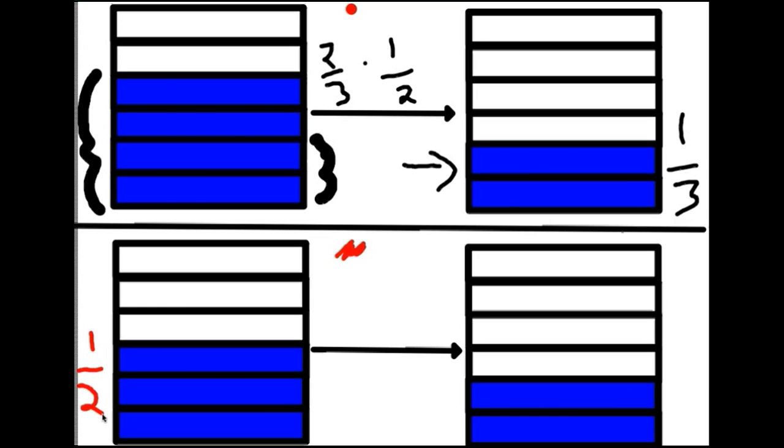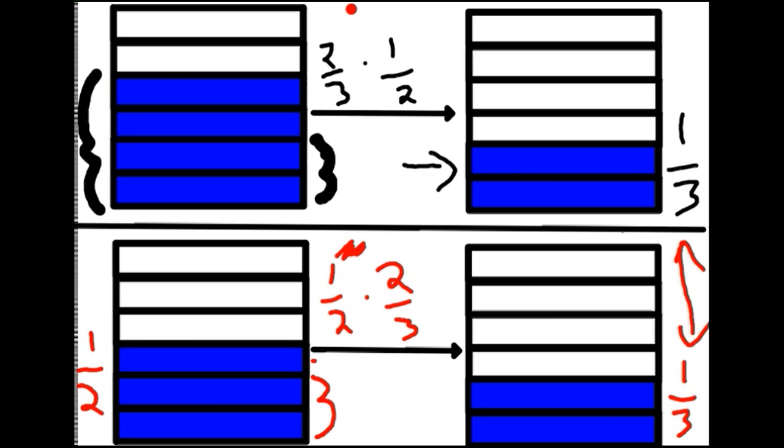Since that's 3 parts, it's pretty easy to see that 2/3 of that would just be those 2 right there. Again, the math for that would be we're starting with a half and we're taking 2/3 of that. And again, you're going to see that you also end up with 1/3.